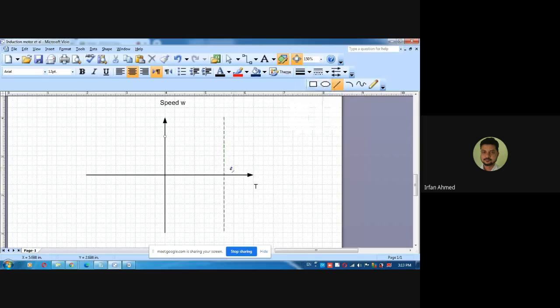This is your maximum torque or breakdown torque, Tmax.